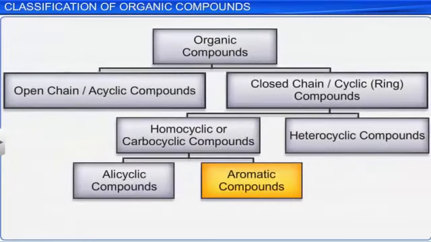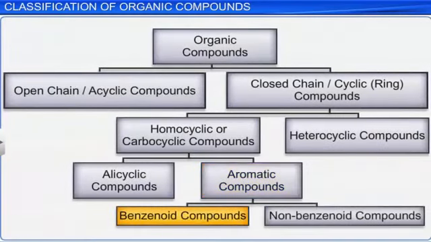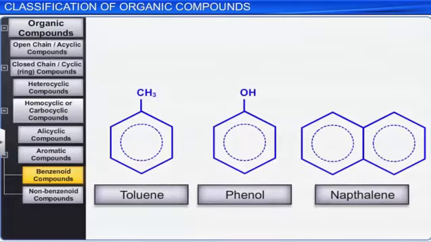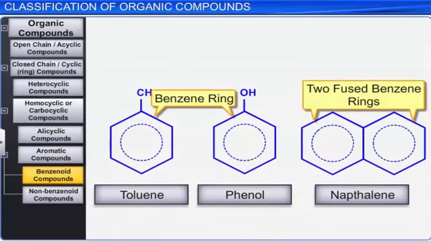Aromatic compounds can be further classified as benzenoid compounds and non-benzenoid compounds on the basis of the presence or absence of a benzene ring. Aromatic compounds containing isolated or one or more fused benzene rings and their functional derivatives are known as benzenoid aromatic compounds.